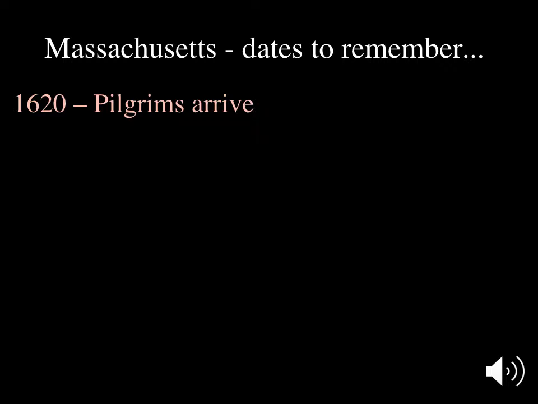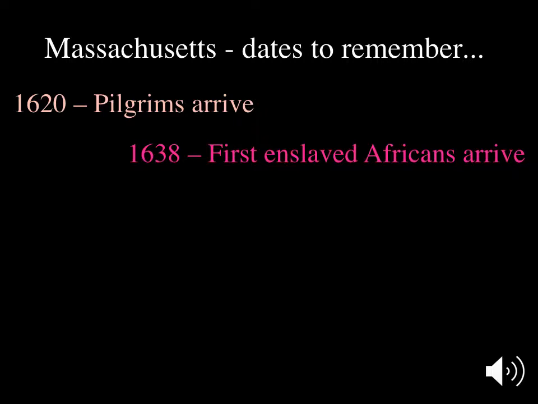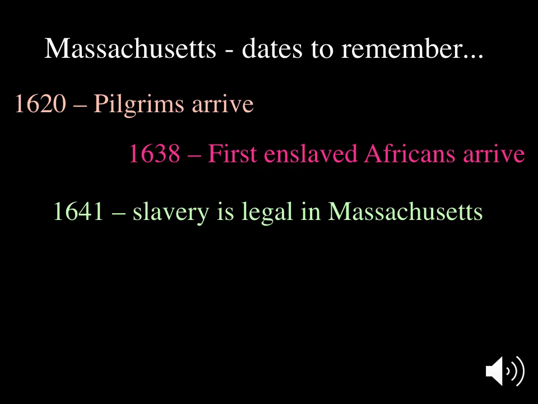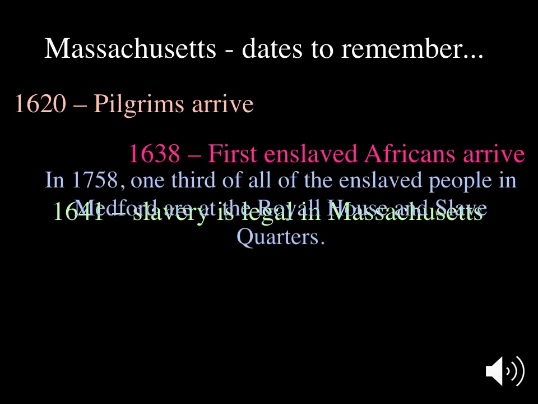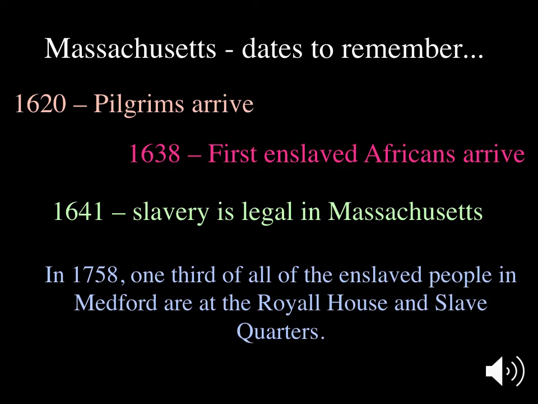So basically, enslaved people were in this country before the Pilgrims came. The first enslaved Africans arrive in Massachusetts in 1638. In 1641, slavery is made legal in Massachusetts. And in the year that we're talking about, one third of all of the enslaved people in Medford are at the Royal House and Slave Quarters.